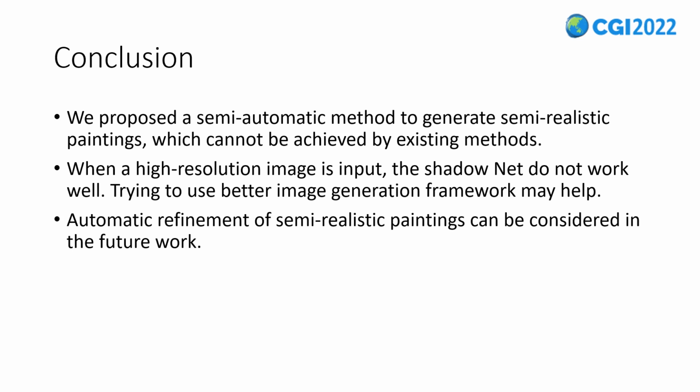We think that trying a better image generation framework may help. In future work, automatic refinement of semi-realistic paintings can be considered. Not only can it improve the current results, but it can also really help artists paint faster.